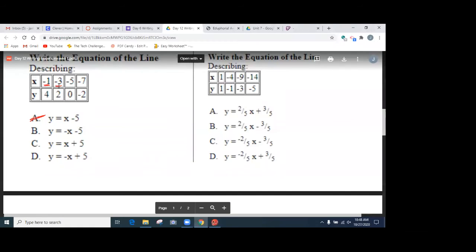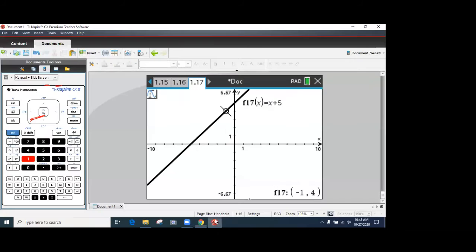What is the second X we're going to type in? -3, and see if we get +2. So -3, I did get +2. Now, at that point, you know it's the answer. It doesn't hurt to just quickly type in -5. We got 0. That's right. Type in -7. So it never hurts to check them all, because once you've got the correct one, typing in 2 more numbers is nothing.